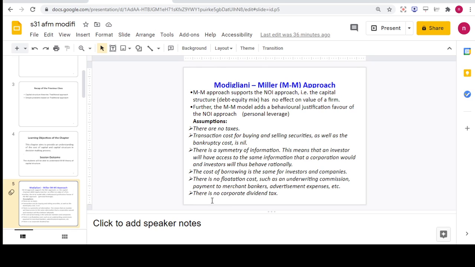Next assumption, there is no corporate dividend tax. The tax rates for dividends and capital gains are different, but here there is no corporate dividend tax. This is the assumption.